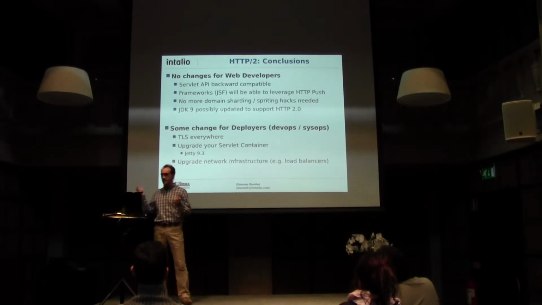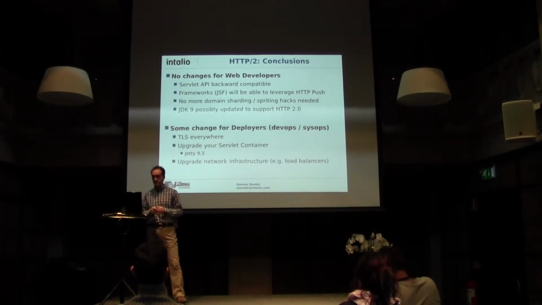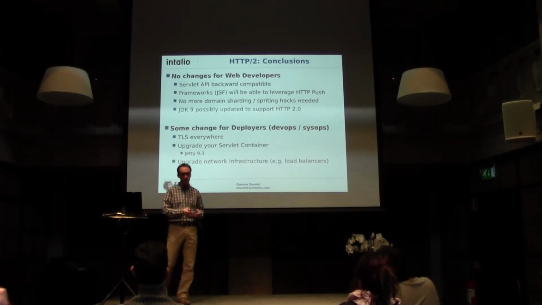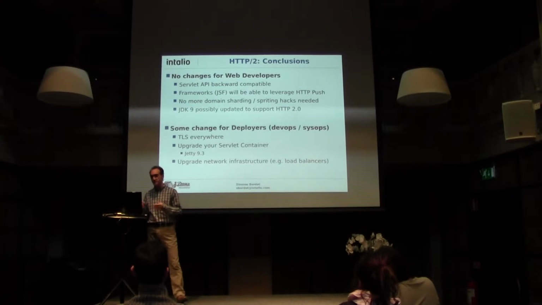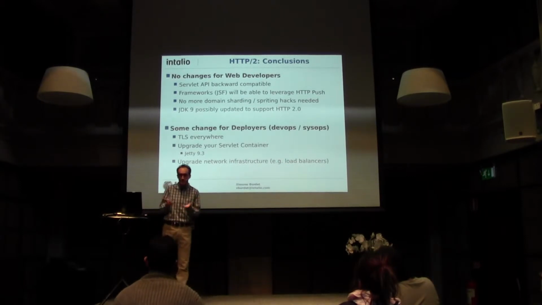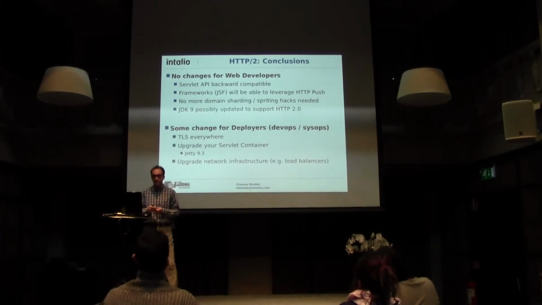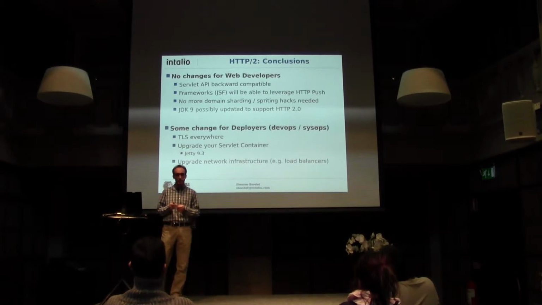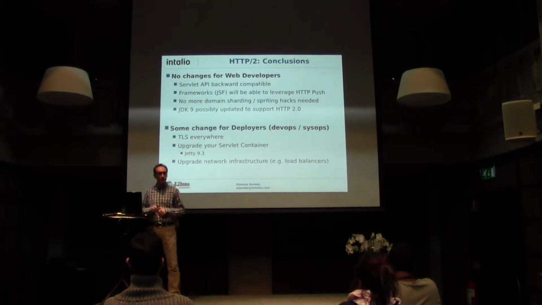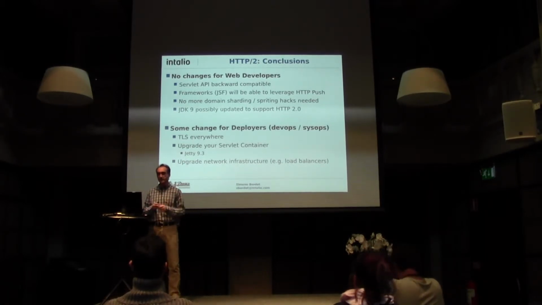No more spriting hacks, no more domain sharding, whatever. JDK9 will support HTTP2, hopefully. I mean, it's not carved in stone yet, but there are very good chances that this is going to happen because, you know, it's kind of a requirement. Servlet 4.0 will probably, I don't know, we'll see, will probably require JDK9 or something like that.